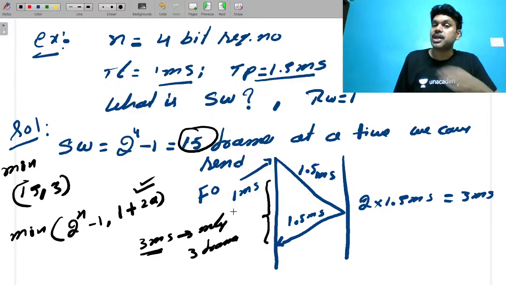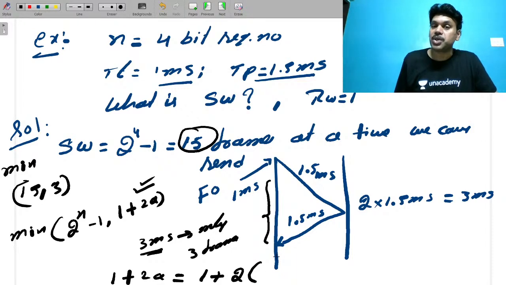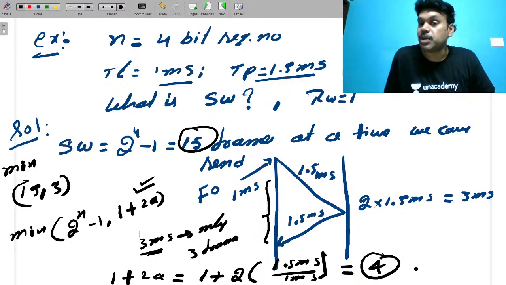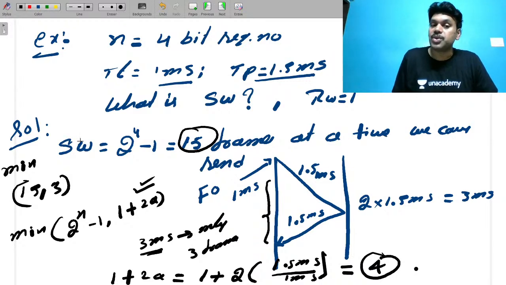That's why we are sending 1 plus 2a only. What is your 1 plus 2a? Your 1 plus 2a is nothing but 1 plus TP by TT, 1.5 ms by 1 ms, which is nothing but 4. That means I can send 4 frames here. So you cannot send all the frames. Now come to the next example.